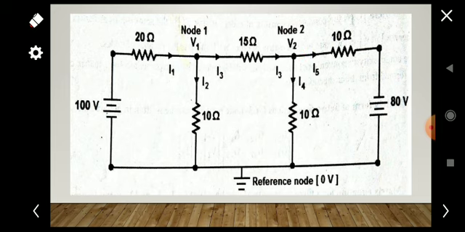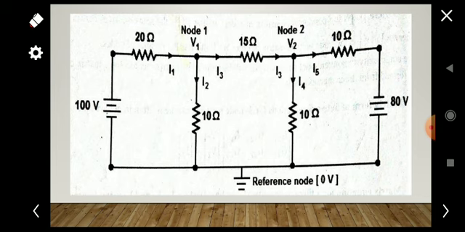And here the I5 is V2 minus... the 80 volt source is connected in opposite polarity. Here you can see the 100 volt source is plus-minus, but the 80 volt source is connected in opposite polarity, minus is connecting here. So we can take the voltage value as minus 80.